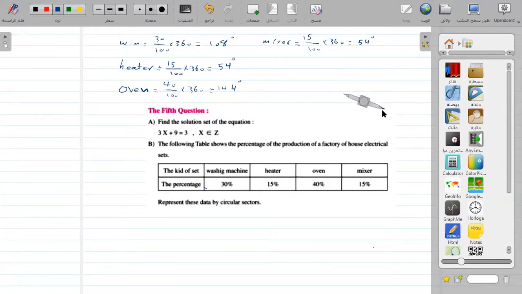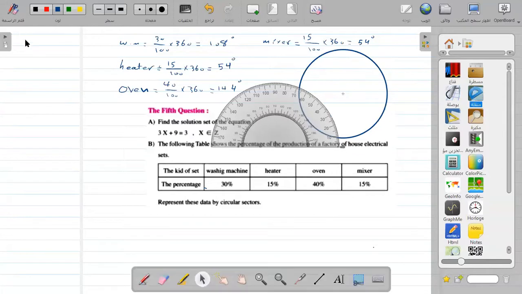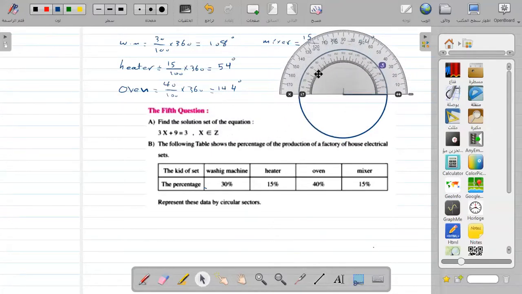Now, as we have mentioned before, you can use the compass. You have to draw first the radius. Also now we will draw the 108 degrees. 0, 10, 20, 30.